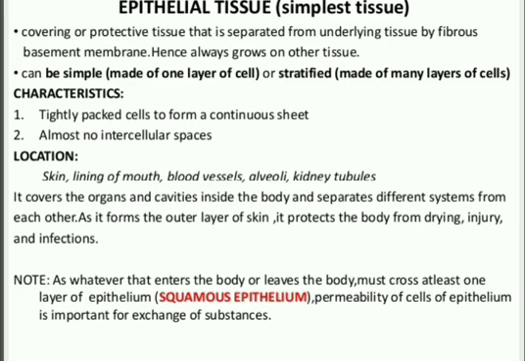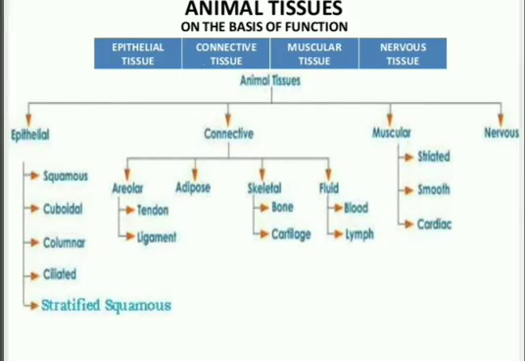Skin, the inner lining of our mouth, blood vessels, alveoli, which are present inside the lungs, and alveoli are the site for exchange of gases. Then kidney tubules also, where we can easily see epithelial tissue.